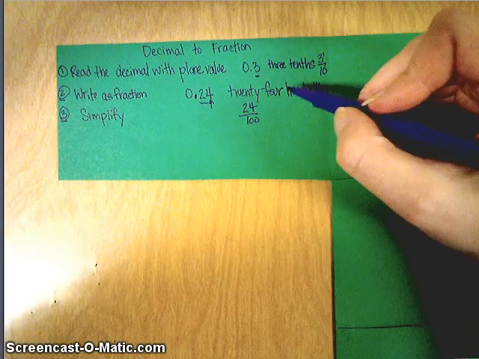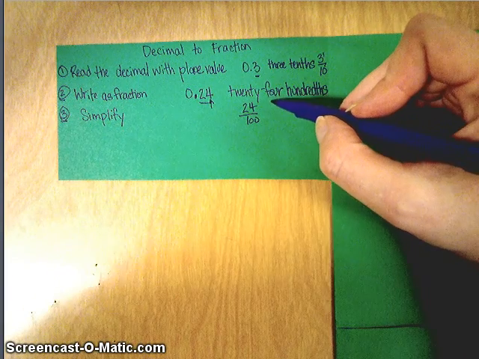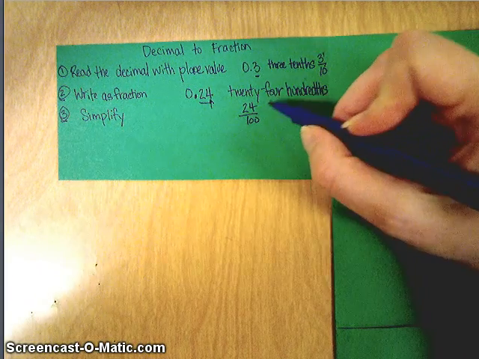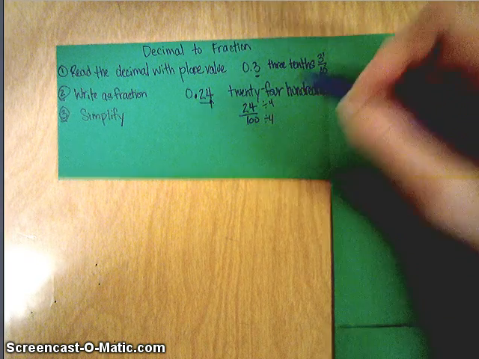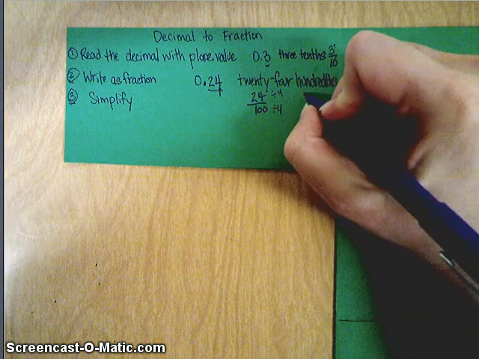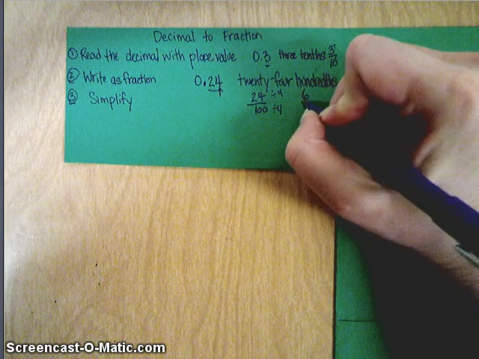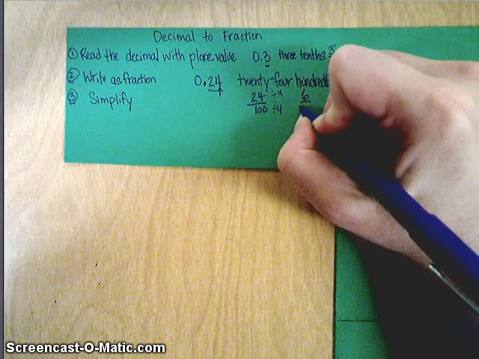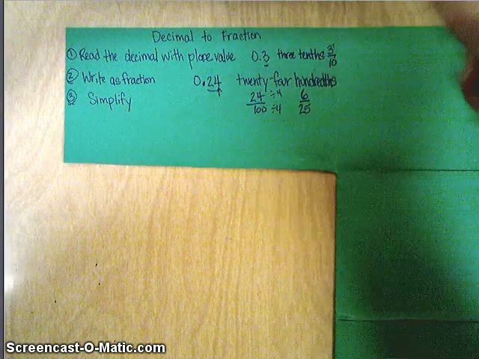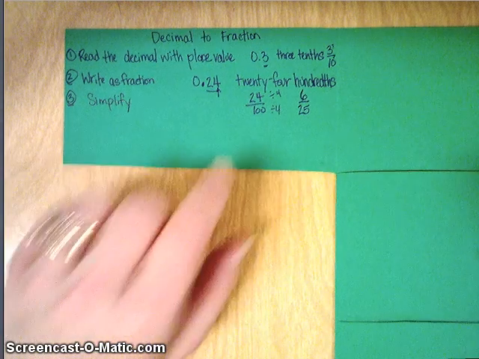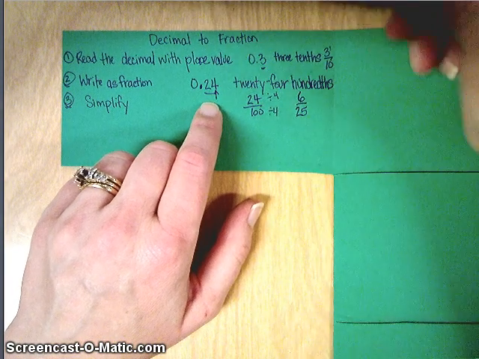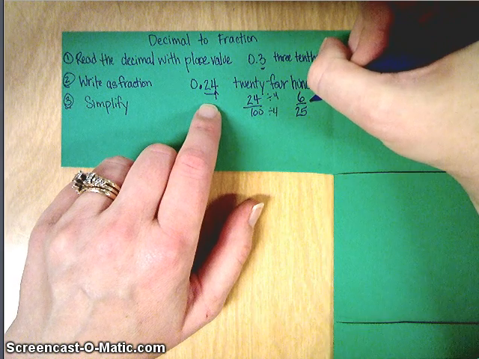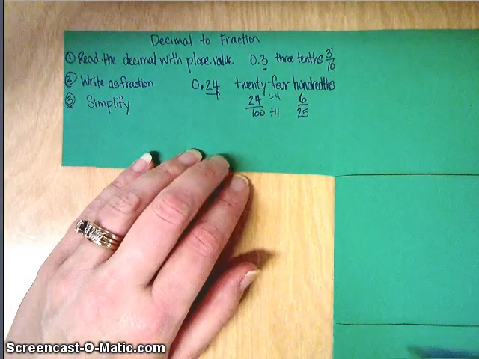This one does have common factors between 24 and 100. If I simplify both 24 and 100 by 4, 24 divided by 4 is 6. 100 divided by 4 is 25. So 24 hundredths, the decimal written as a fraction in lowest terms, would be 6 over 25.